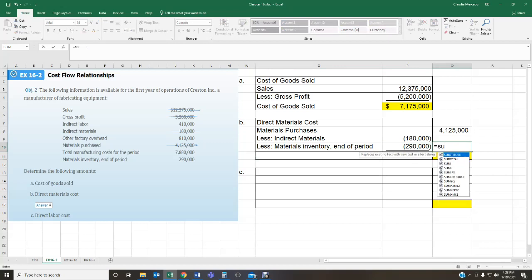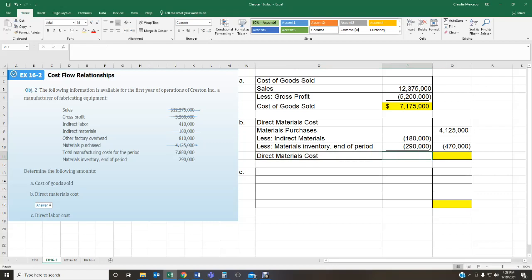Okay, so there's two things I'm deducting. I'm deducting my indirect materials and I am deducting the inventory that I have sitting in my warehouse that I did not use. Because that means I have not used it yet, so I can't account for it as part of my cost for the period for this particular job. Okay, so now I can calculate my direct materials cost.